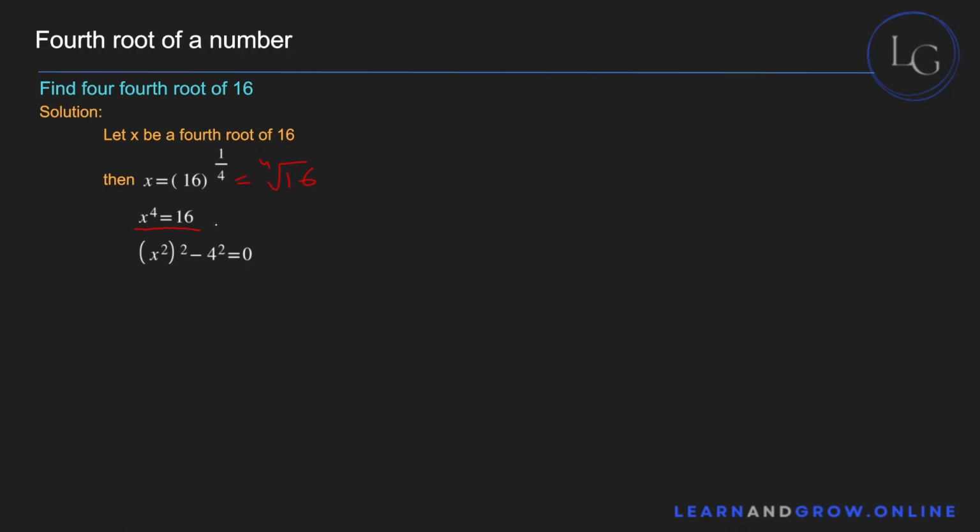And again, we'll use the formula over here, a square minus b square is equal to a minus b into a plus b.